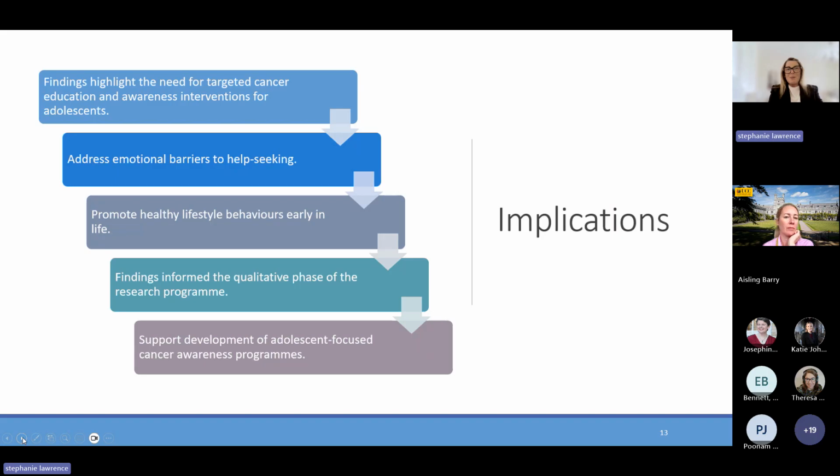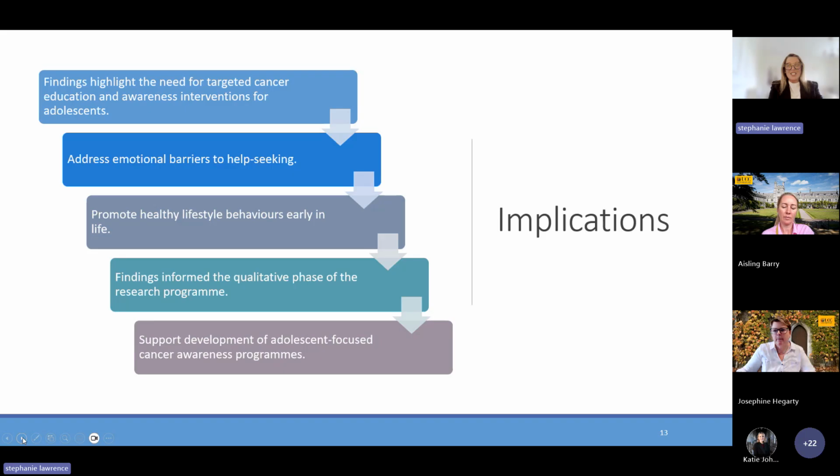From the implications point of view, the findings highlighted that there really is a need for targeted cancer education and awareness interventions amongst adolescents. We need to address the emotional barriers that they experience when they seek help. We certainly need to promote a lot more healthy lifestyle behaviours like eating more fruit and vegetables.